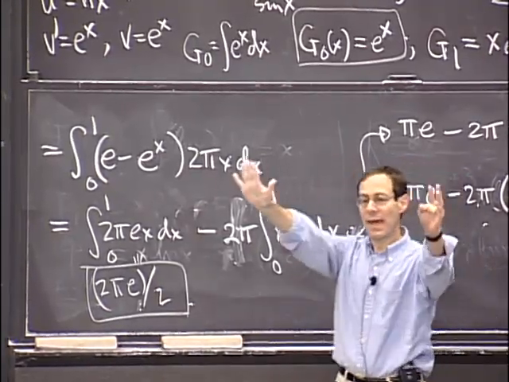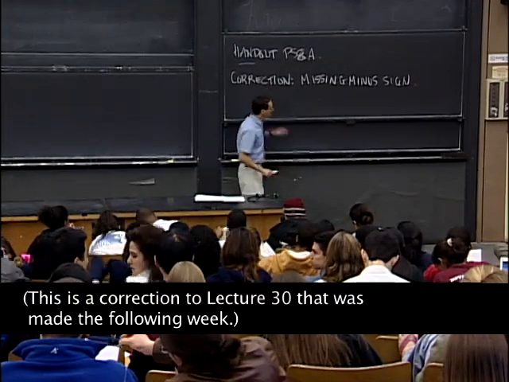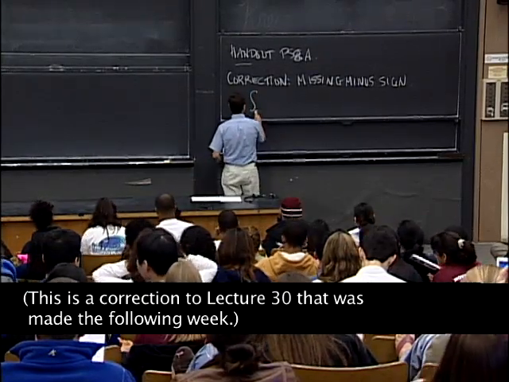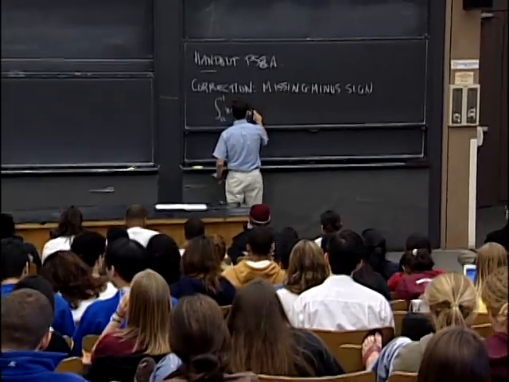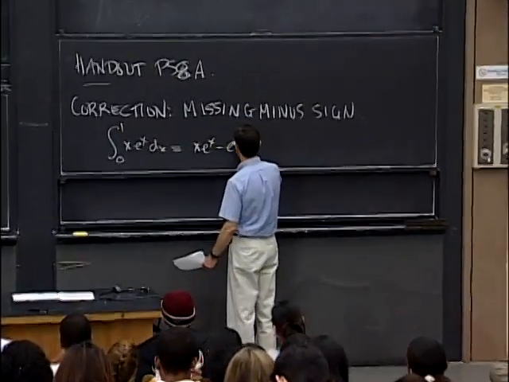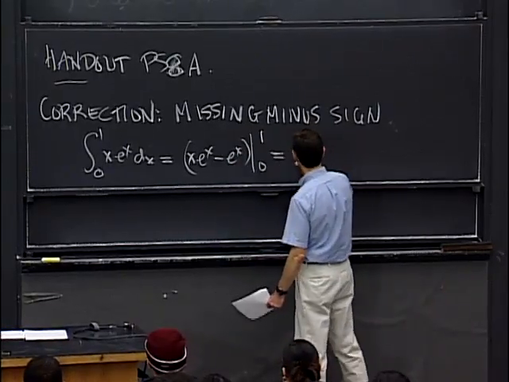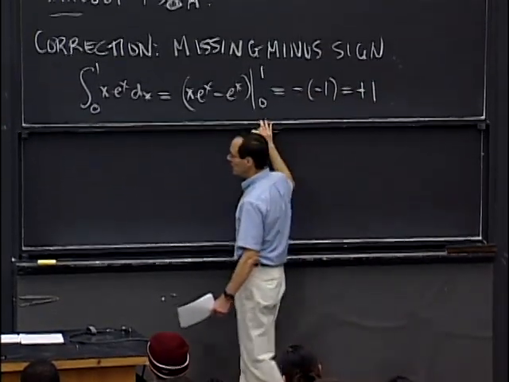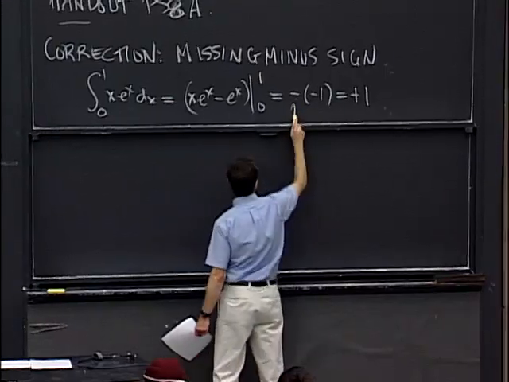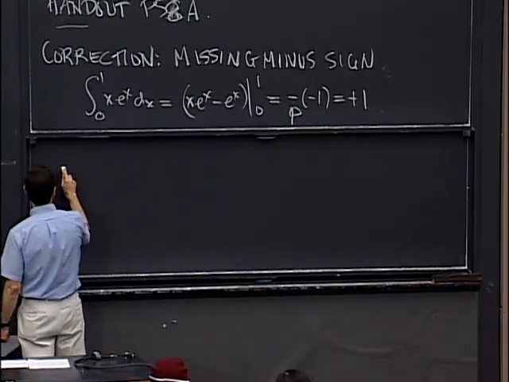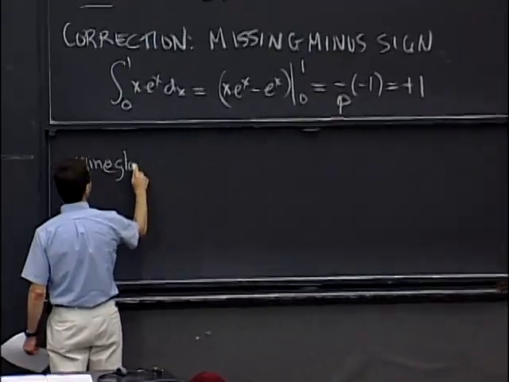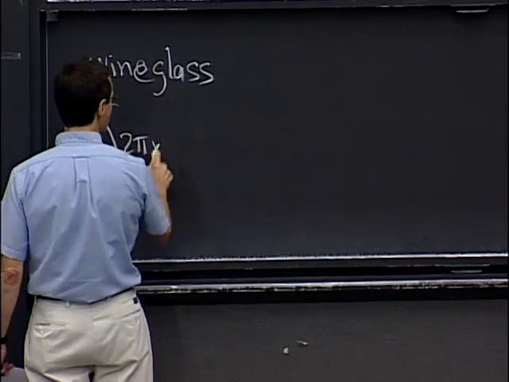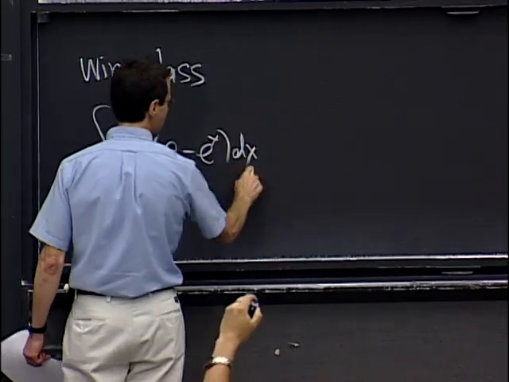All right, thank you. All right, the correction is that there was a missing minus sign last time. When I integrated from 0 to 1 x e to the x dx, I had x e to the x minus e to the x, evaluated at 0 and 1, and that's equal to plus 1. I was missing this minus sign. The place where it came in was in this wineglass example. We had the integral of 2 pi x times e minus e to the x dx.